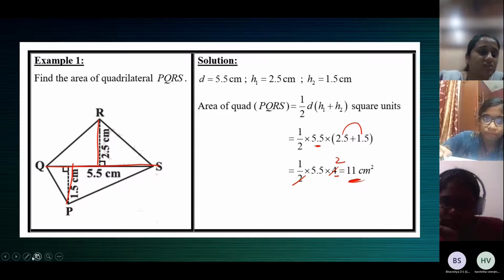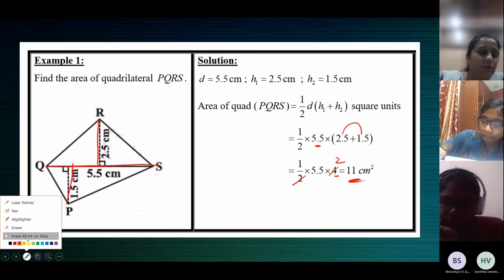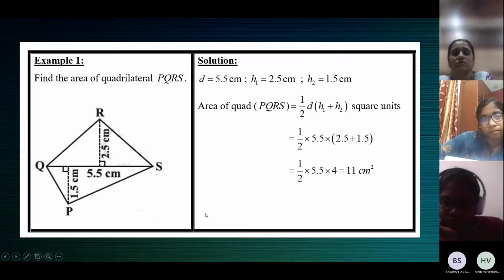So this is how you should work, children. You should use the formula half D into H1 plus H2 to find the area of any quadrilateral.